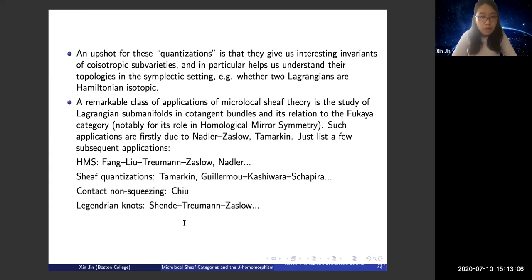For sheaf quantizations, the starting point is Tamarkin's work, and then Guillermou, Kashiwara, and Schapira proved quantizations for Hamiltonian flows, and Guillermou also applied sheaf quantization to study Lagrangians in cotangent bundles.